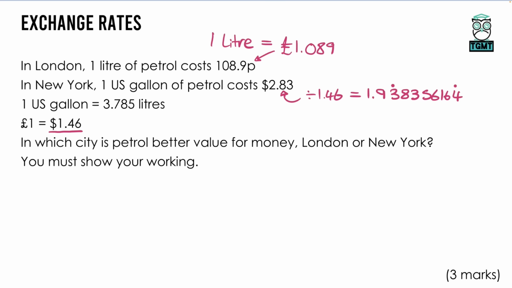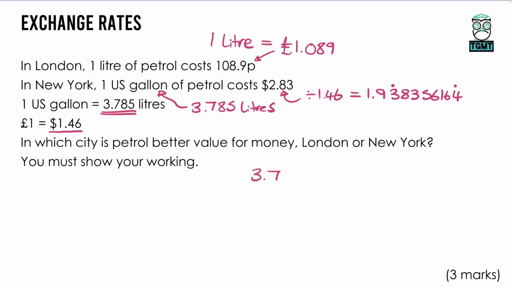Now also, we've been told that this is 1 gallon. So if we want to turn that into litres, well, we've been told here that 1 gallon is 3.785 litres. Now we want to compare this as 1 litre.